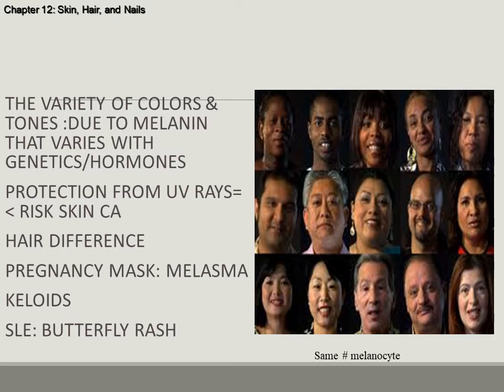On our skin, we can also see things like keloids, and there are some individuals that are more prone to keloids. What keloids are is an overgrowth of skin that occurs. If there's injury, the skin proliferates and tries to heal itself, but then it continues to grow. And so those are called keloids.